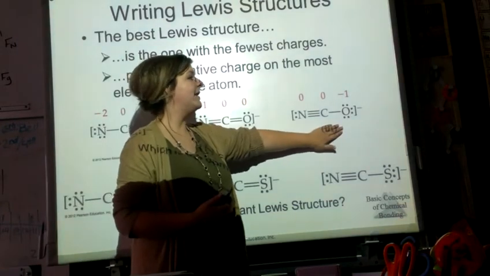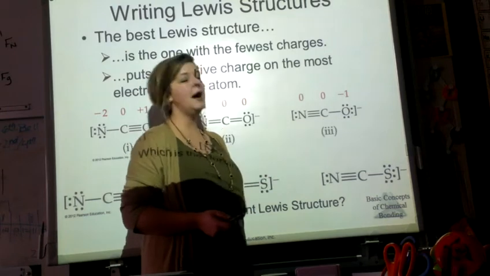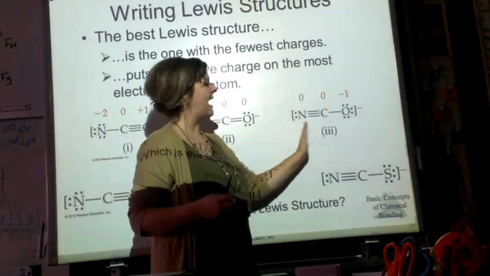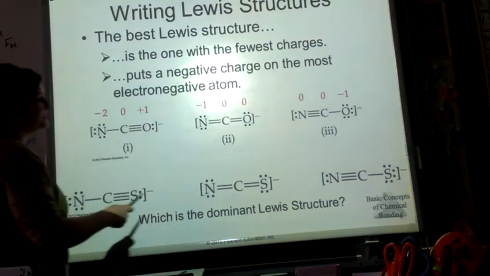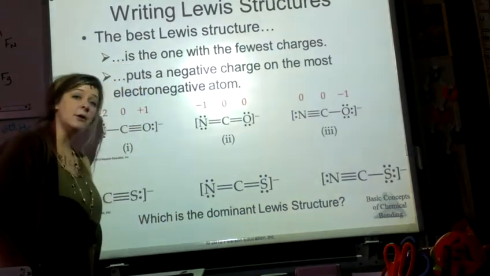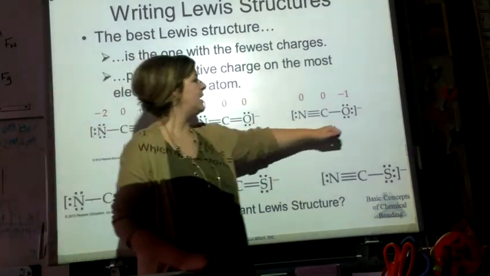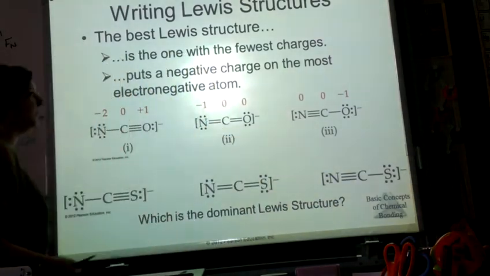Over here I have my last option, where nitrogen and carbon have a 0 formal charge, and oxygen, the most electronegative of these 3, has the -1 formal charge. So the best option of these 3 would be this third choice, because the -1 formal charge corresponds with the most electronegative element.